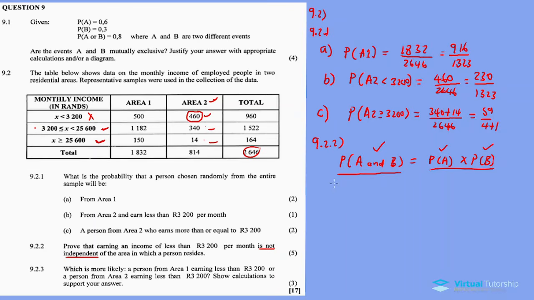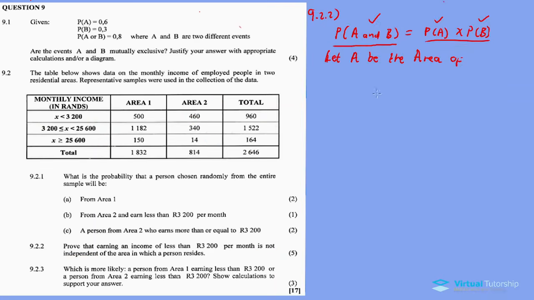9.2.2, let's go. The first thing, since it's two events, let A be the area of residence. I'm not given enough space, so let's do this.